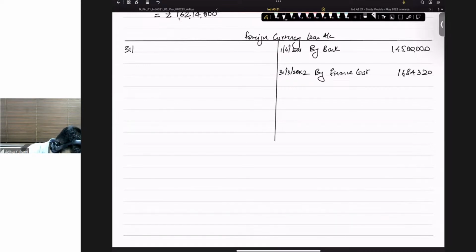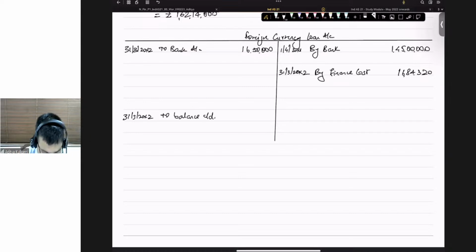You are paying a coupon on 31st March 20X2 to bank account, 16,50,000. To balance carried down, 1,62,14,000.